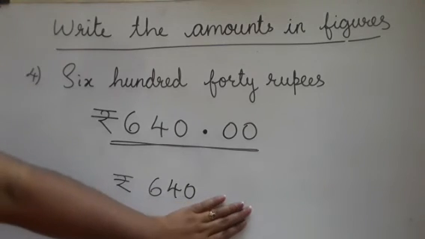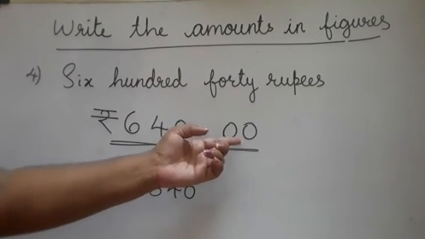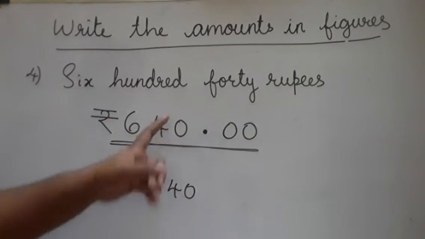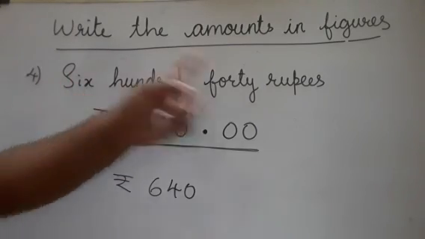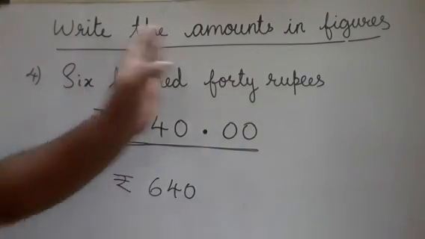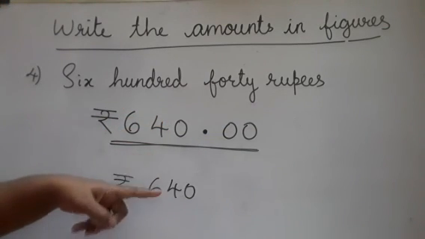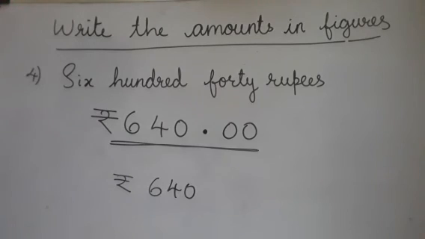So, there is no need of writing the 0 here. If you are writing the 0 here, it is also correct. You can write this type of question in two methods. That means without the paise. If there is no paise, you can write the answer in any of these two ways. Is it clear, my dear kids?